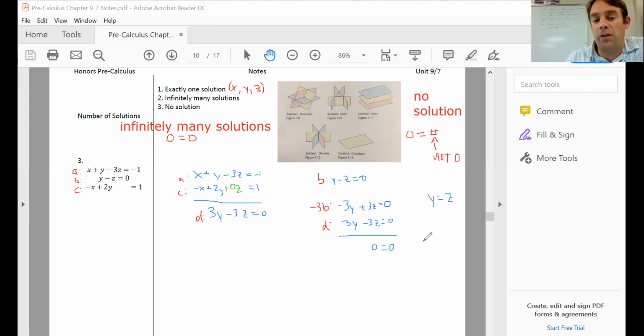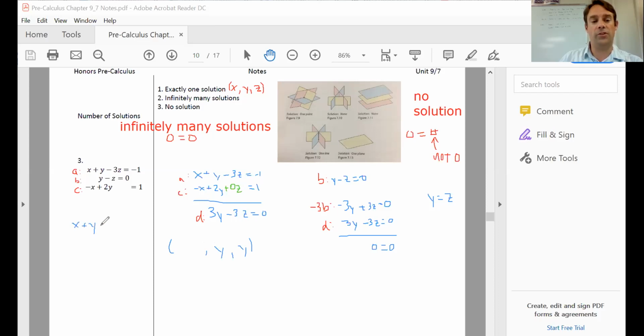And you put everything in terms of one variable if you wanted to. If you were to take this all the way out, you would end up creating this idea that x would be equal to some other variable as well in terms of z. And so you could then write everything in terms of y if you wanted to.